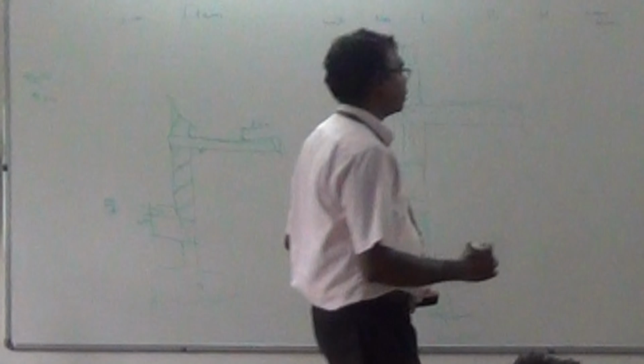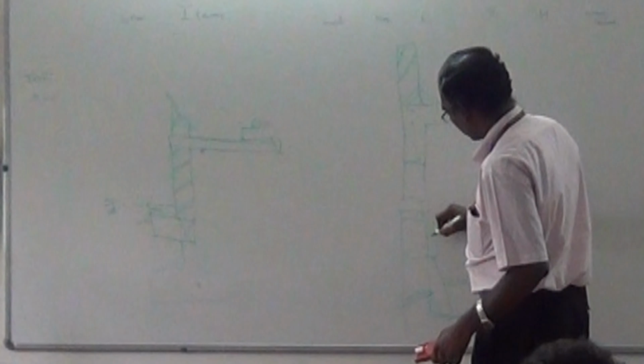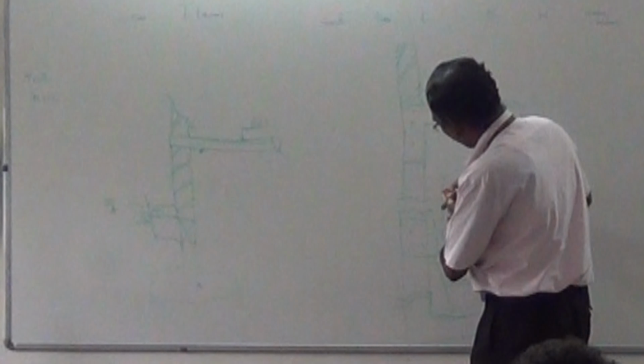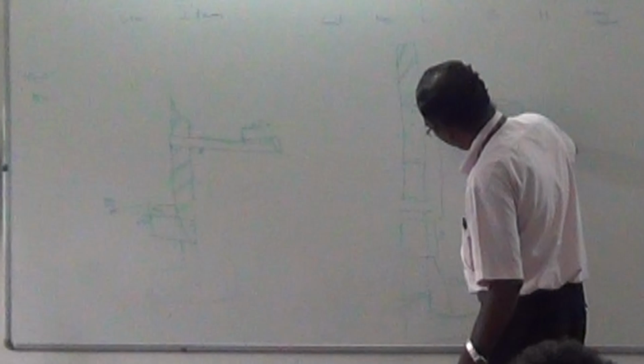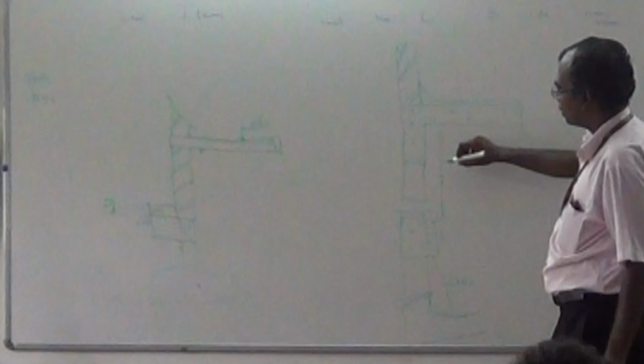Now I'll just make a few things. So the height of this brick wall, suppose I'm going to keep this as 350 mm and 2.45. This becomes almost nothing. 2.45 plus another 1 meter. This is 1 meter.